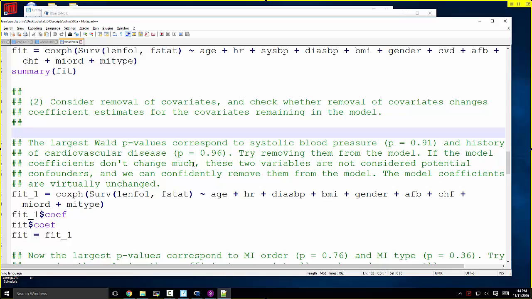So what you want to be aware of and guard against is if you pull a variable out of the model and the coefficients for the others change substantially, then you shouldn't have pulled that variable out. If a variable has a big p-value and when you pull it out it doesn't do anything to the other coefficients, then that's about as clear a case as you can hope for. Go ahead and remove that variable. So for example, here is the model where we're going to remove systolic blood pressure.